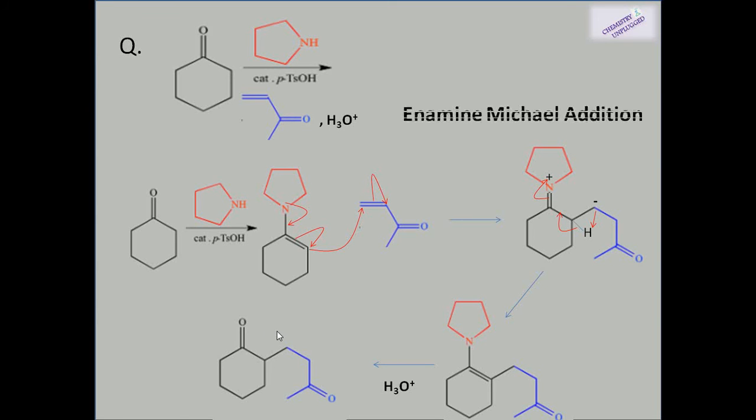So this type of reaction is known as enamine-Michael addition. When we use an alpha beta unsaturated ketone for an enamine reaction, it is known as an enamine-Michael addition, and it is a very important reaction from the examination point of view.